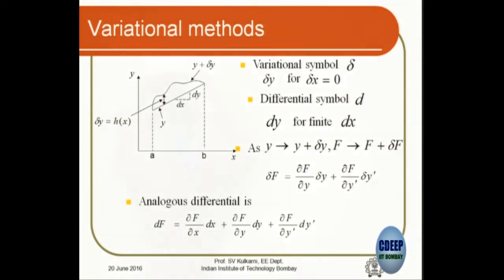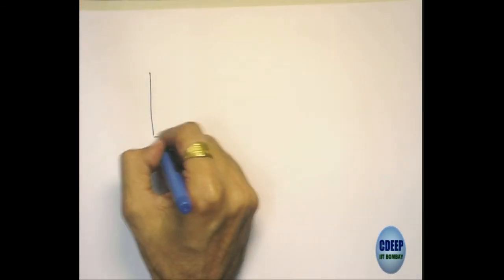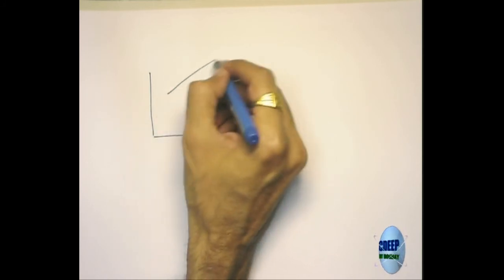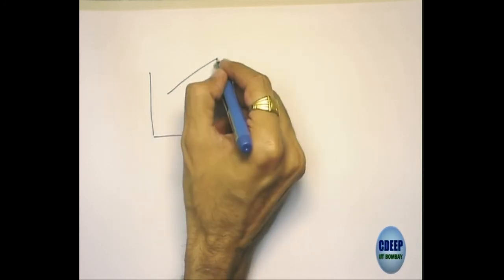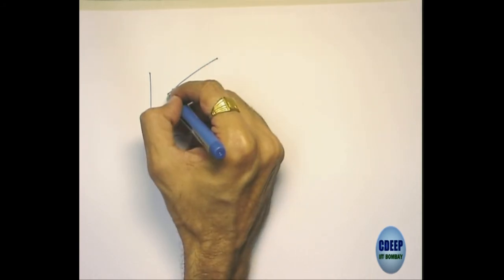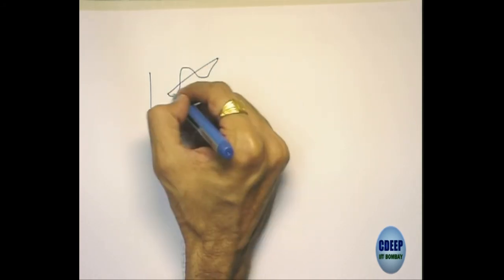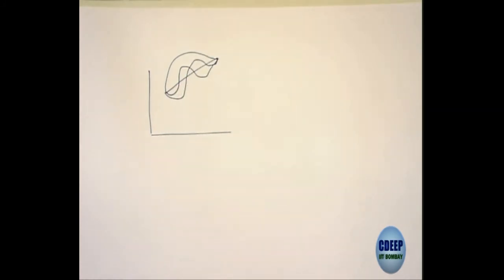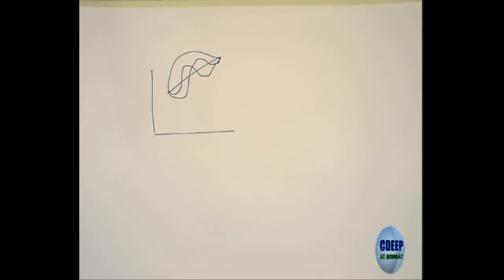So the potential at the end points is anyway fixed. Now the potential distribution can be this, or can be this, or maybe like this, you don't know. So we have to find out that potential distribution which minimizes the energy, followed.